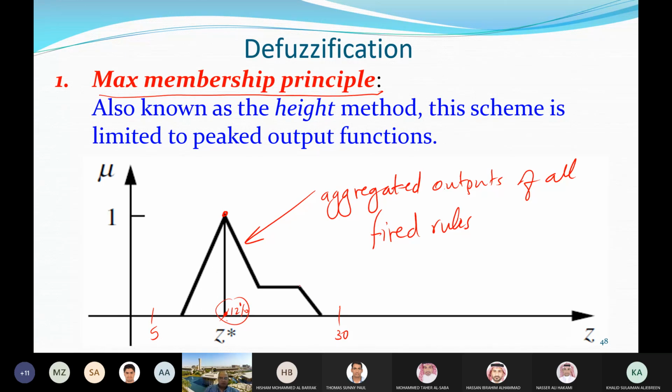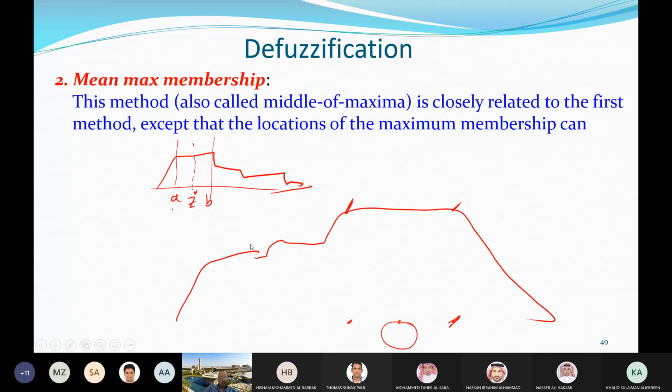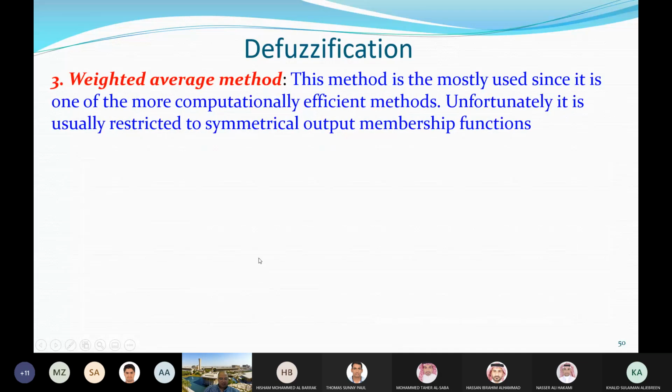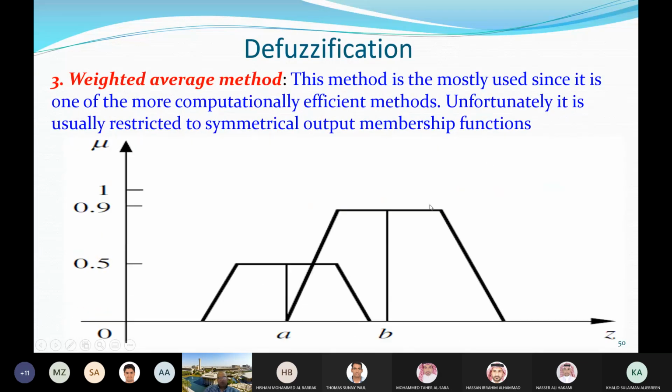You can have several membership functions here, and then you pick this value only, but this will not give you a good estimate. But if you have such a weighted average, it will give you a better approximation. This is the collective output of the rules that you have.